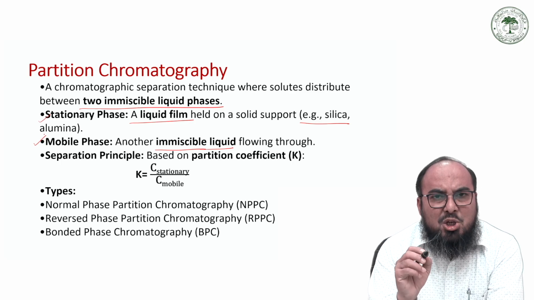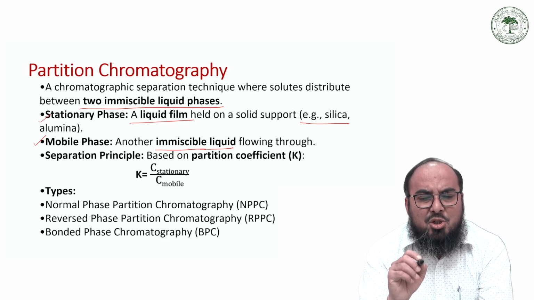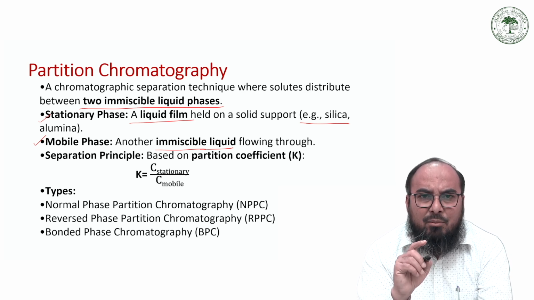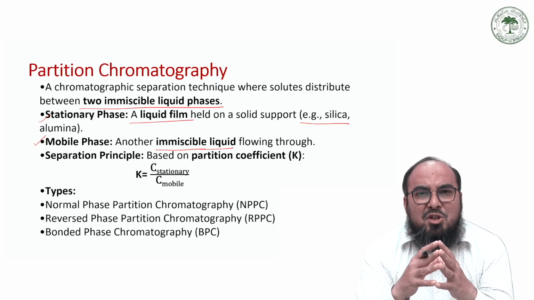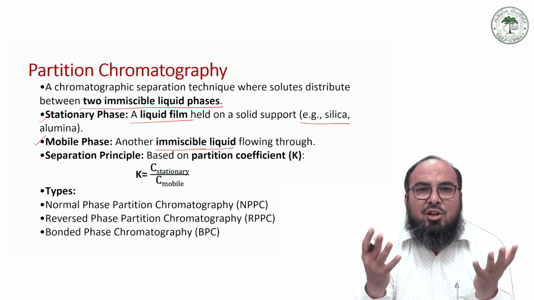So the partition coefficient K can simply be defined as the concentration of solute in the stationary phase upon the concentration of solute in the mobile phase. This is the same expression which we used when we started our journey of chromatography, while discussing elution chromatography.